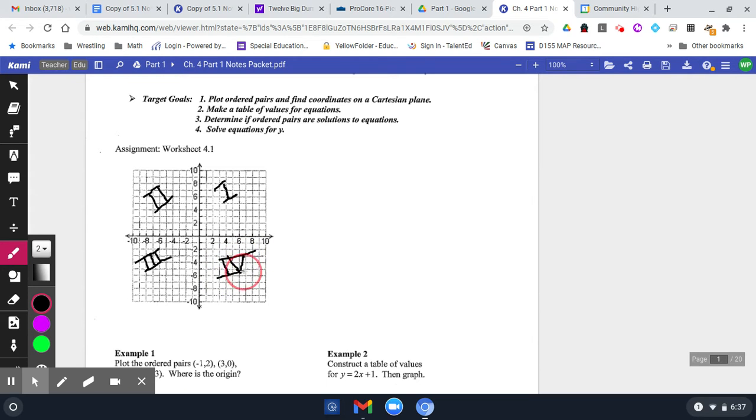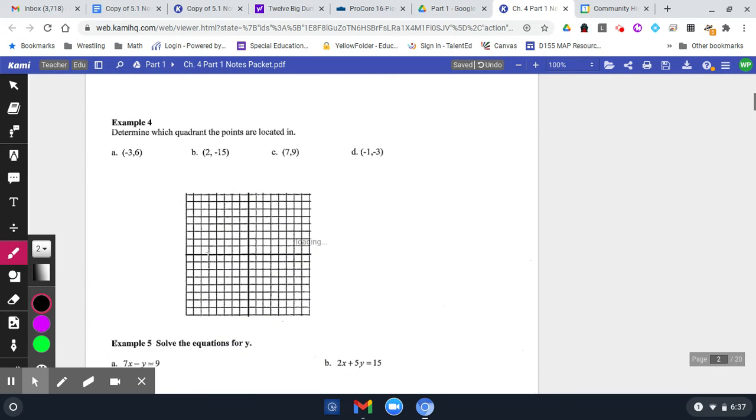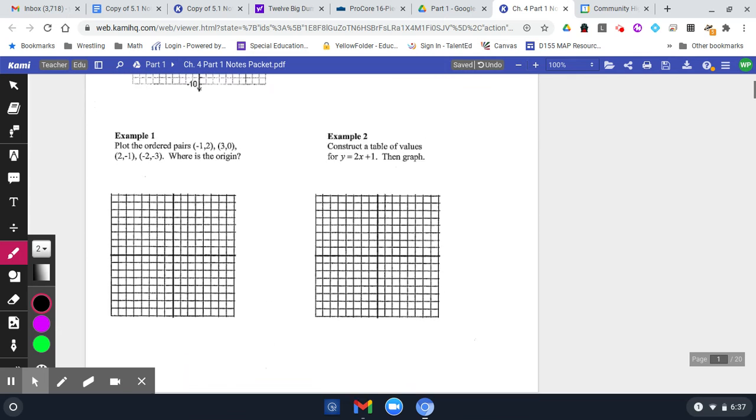And now you have to scroll up here and look at these 4 quartiles to identify which quartile the points are in. So for example, down here, it's going to say determine which coordinate, not quartile, determine which coordinate the points are located, and you're going to say either 1, 2, 3, or 4 after you graph them. And we'll get to that in a minute.